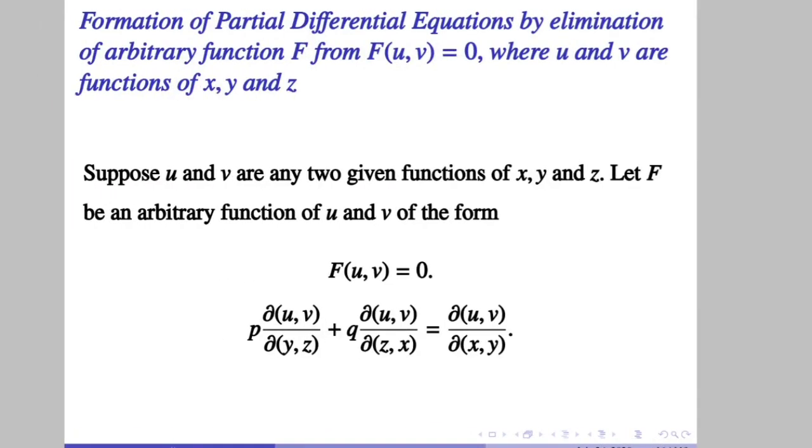Then we are finding the form of the PDE as p into dou of u, v by dou of y, z plus q into dou of u, v by dou of z, x, which is equal to dou of u, v by dou of x, y.